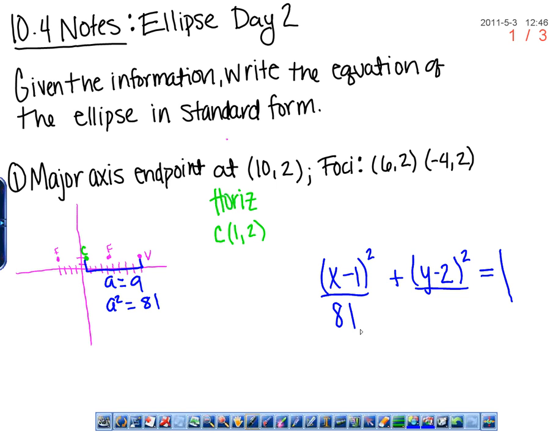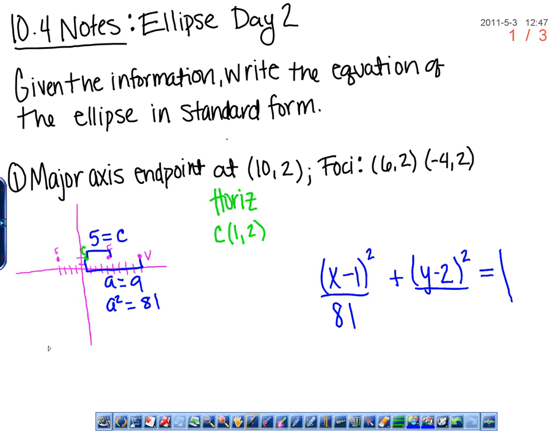So I'm not sure what you mean by midpoint and stuff. Carly? You find the distance from the center. Good. What is the distance from the center to the foci? 5. And what does that value represent? C.